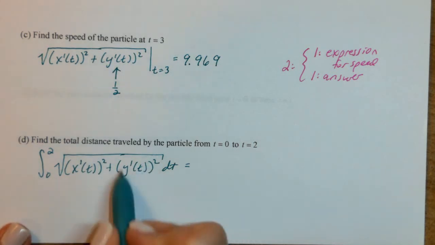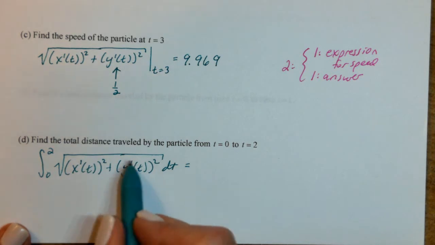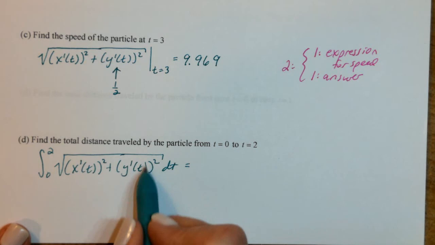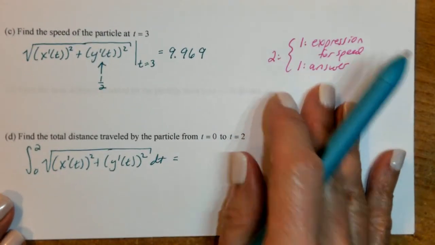Because we don't have an equation for y prime. This is not a problem, that's in our calculator, but this is a little bit of a problem. From 0 to 2, we need to find out what the slope is of y. So from 0 to 2, I see that we have two different slopes. So I'm going to need to split this integral up into two pieces.